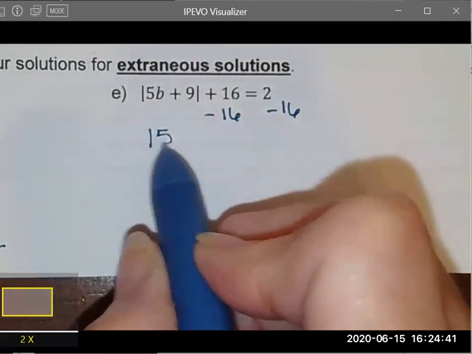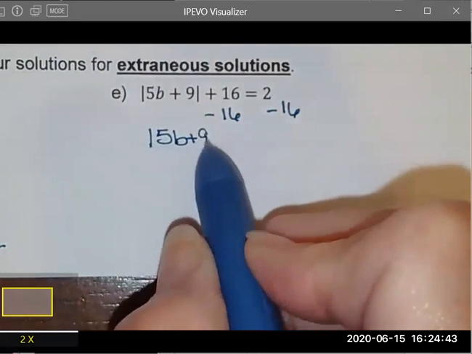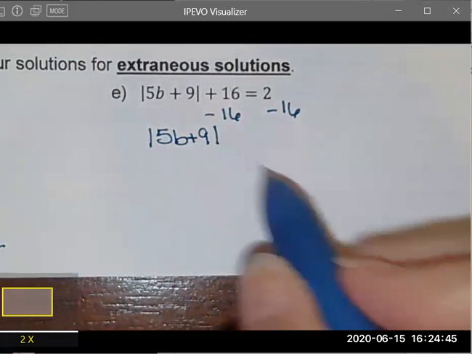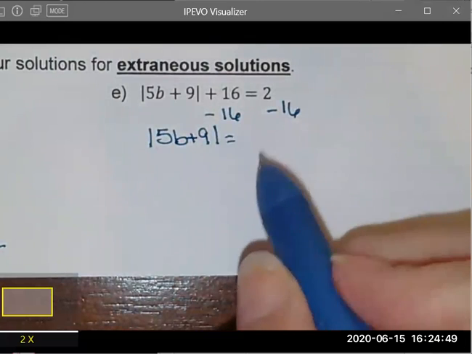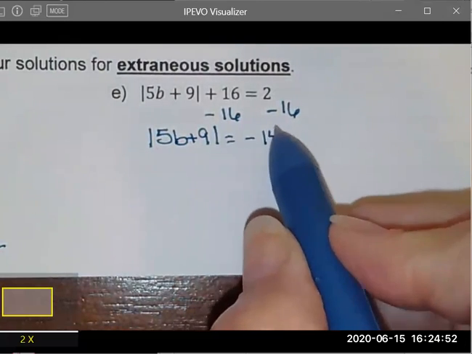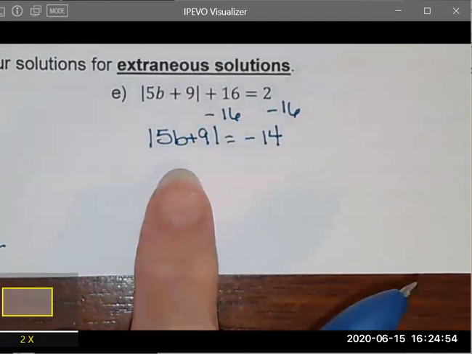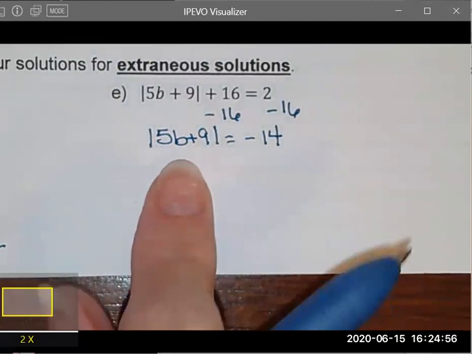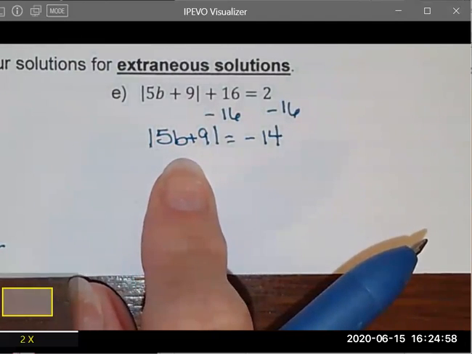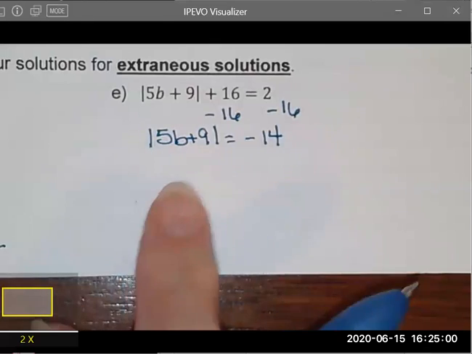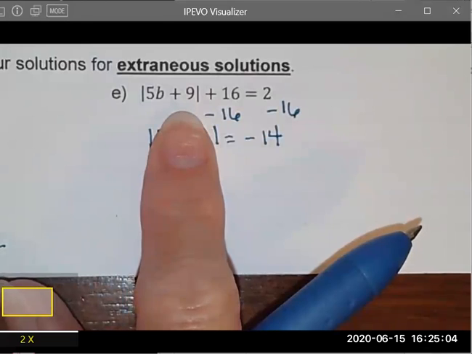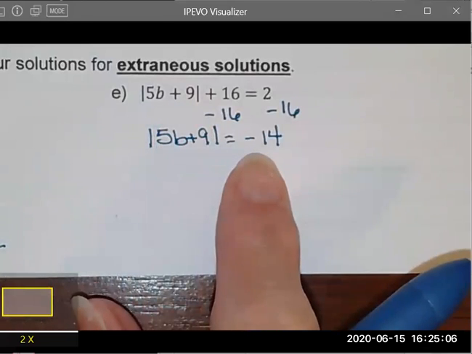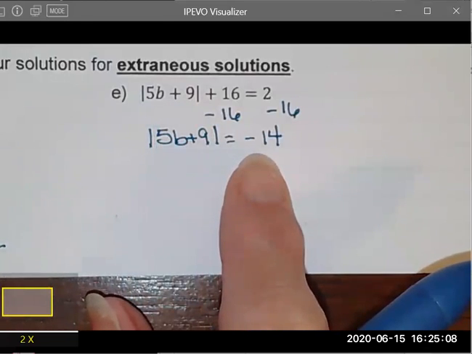I end up with a new equivalent equation that reads the absolute value of 5b plus 9 must be equal to -14. And I'm going to stop us here because we need to think about what the absolute value symbols mean. In this particular place, no matter what's inside here, I'm asking, when will it be -14 units away from 0?